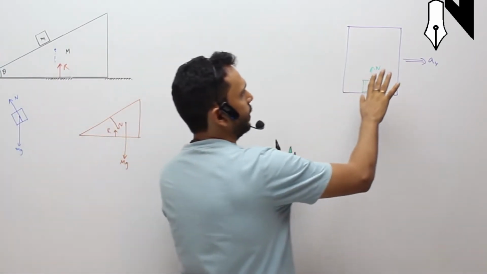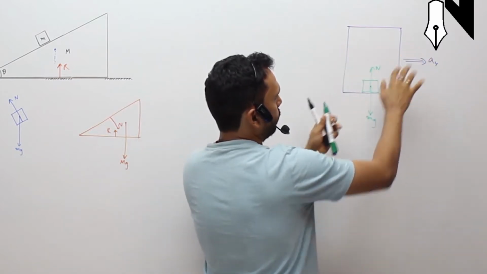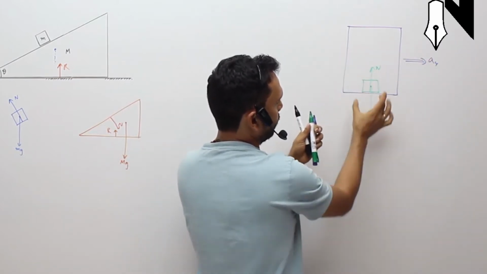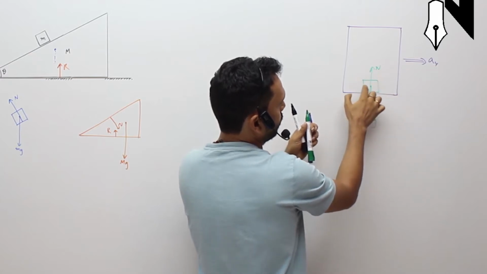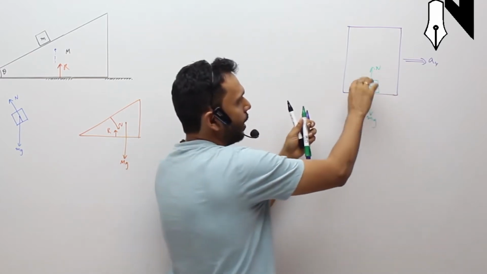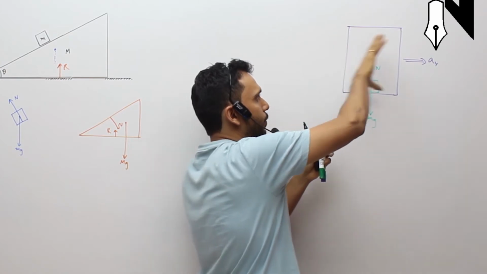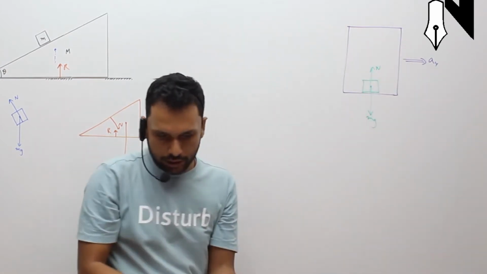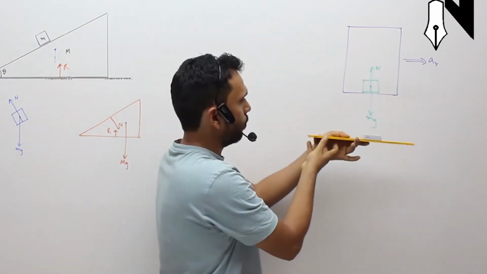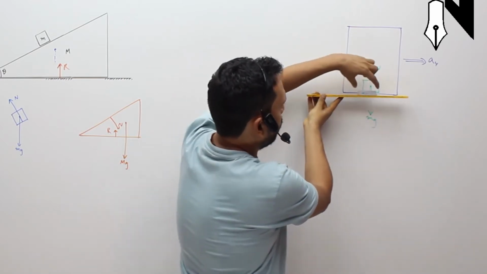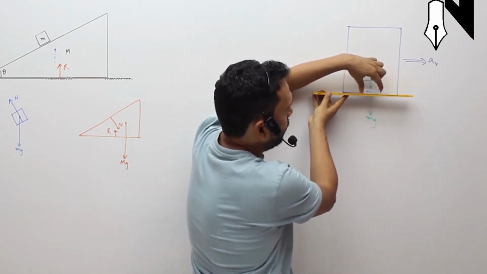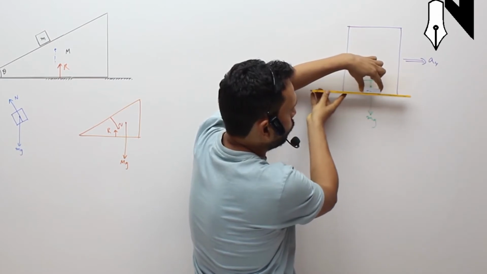So obviously if the elevator is going forward, this is a frictionless thing, then there is no force transmitted on this, and the body remains over here, the elevator goes forward, so it will be something like this. The block is on the elevator and the elevator goes forward.